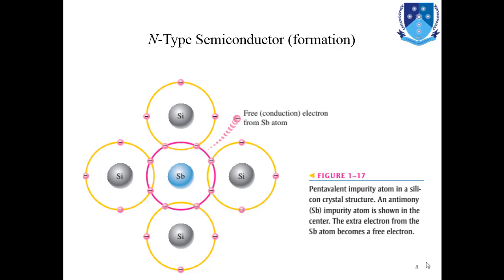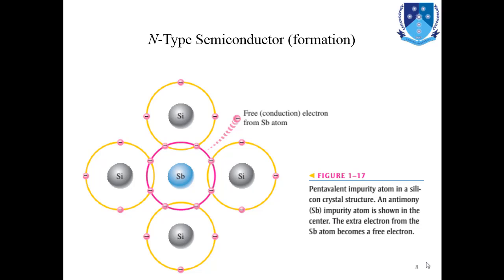We can see that the antimony atom is linked with 4 silicon neighbors by sharing 1 electron with each. So 4 electrons of the antimony atom are shared with 4 different silicon atoms, but it has 1 extra electron, and that extra electron becomes a free electron, or simply a conduction electron.